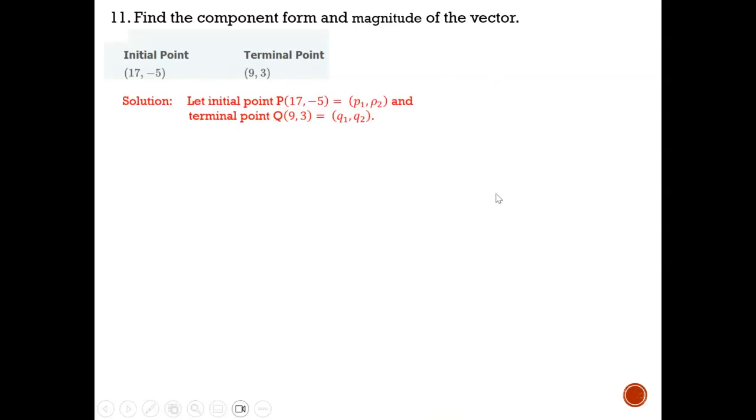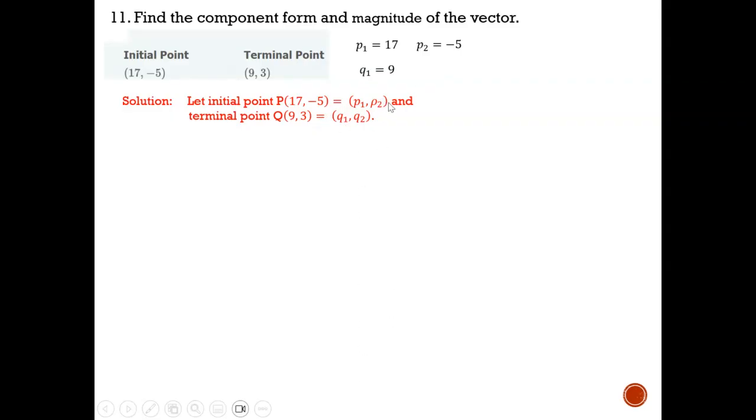Okay, now number 11 says find the component form and the magnitude of a vector. So for that one, guys, you're going to let the initial point P be, because it's always the first point, (17, -5), which will be P1 and P2. And the terminal point will be Q, which is (9, 3), which will be Q1 and Q2. So P1 is 17, P2 is -5.